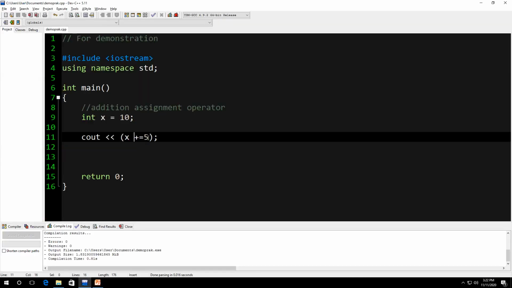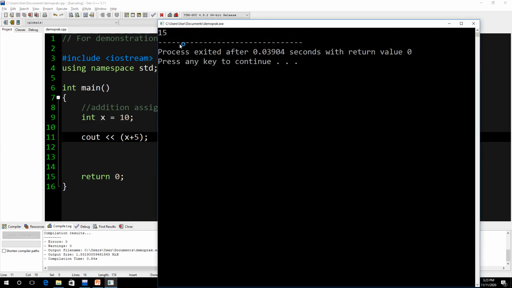So here it was x is equals to x plus 5. So if we run this, x plus 5 is equals to 15.